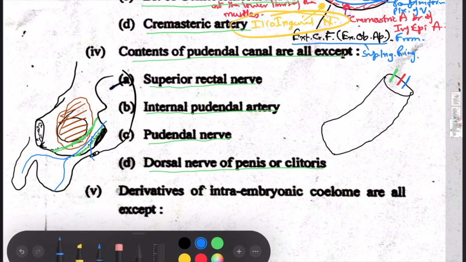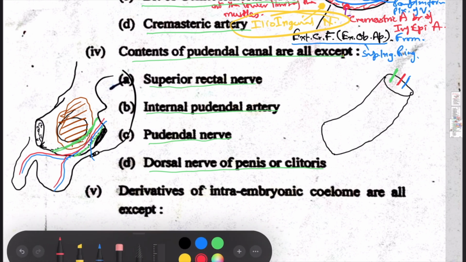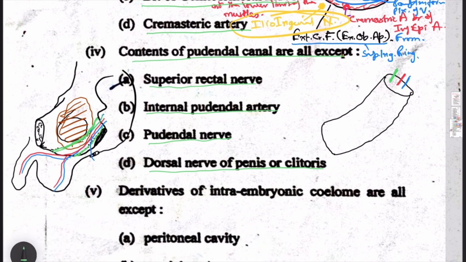Similarly, in case of the artery, this is the internal pudendal artery, which continues as the deep artery of the penis and the posterior scrotal vessels. This one is the pudendal nerve, which continues as the dorsal nerve of penis. And all of them give branches to supply the anal canal.